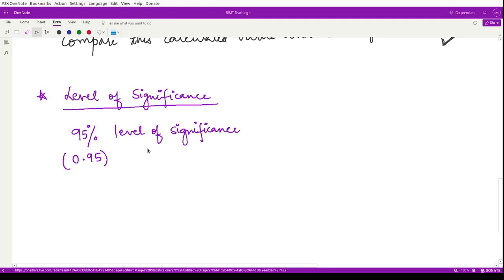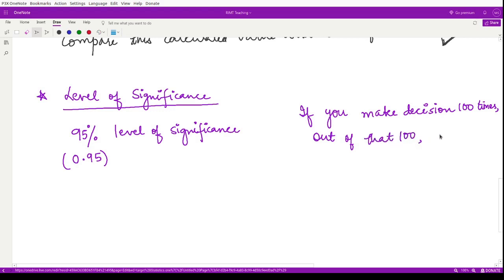So basically it means that if you make a decision 100 times, out of that 100, 95 times your decision is correct and 5 times your decision is incorrect.